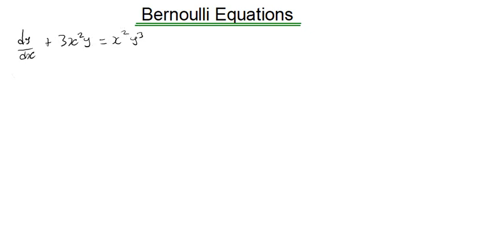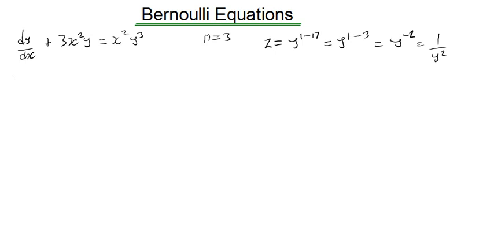So here I've determined that my n equals 3. So remember, our z is going to be equal to y to the power 1 minus n. So this would be y to the power 1 minus 3, which equals y to the power negative 2, which is simply 1 over y to the power 2 there.